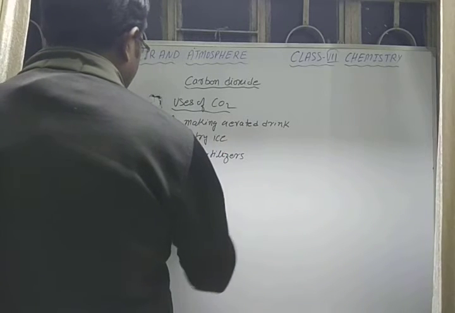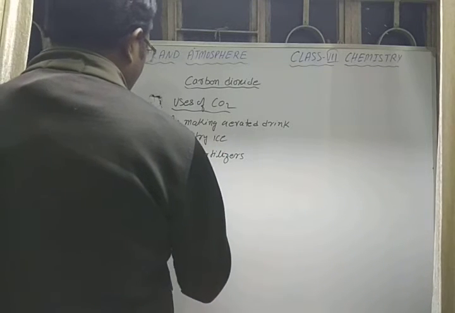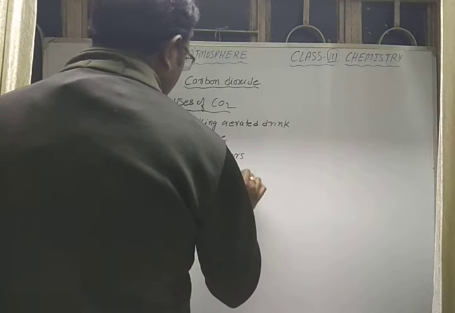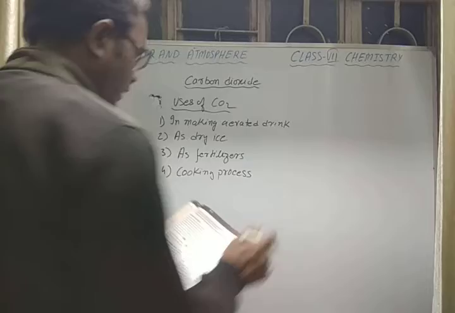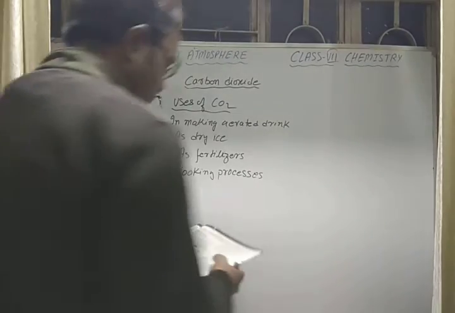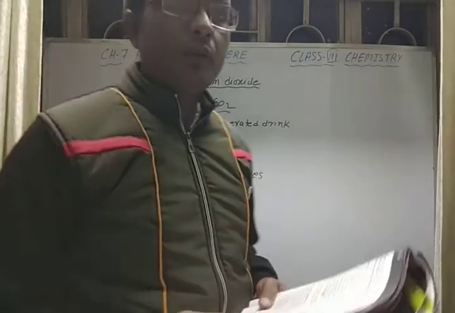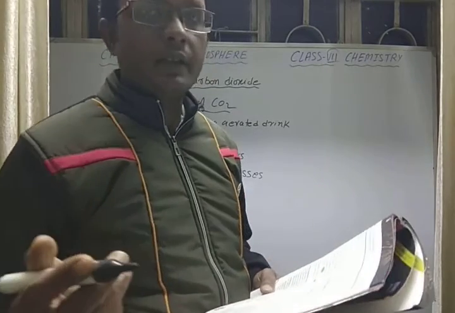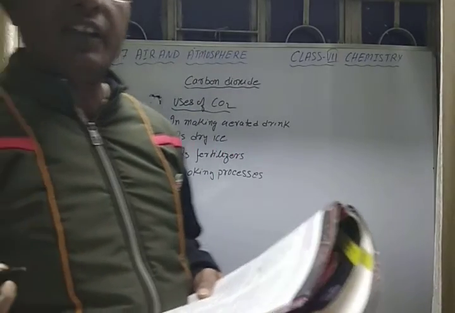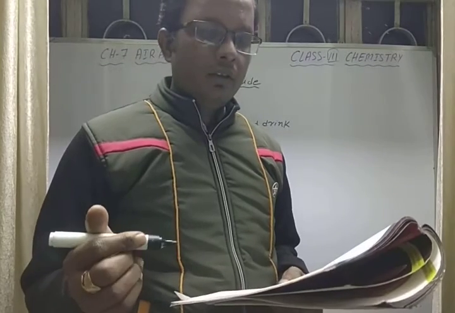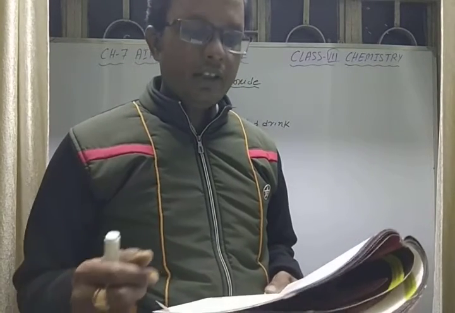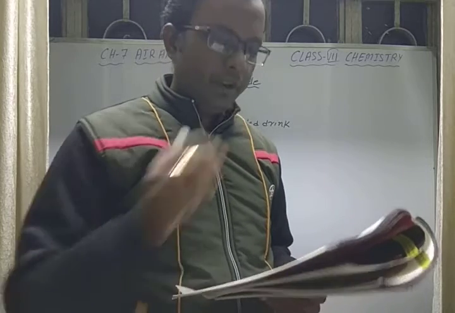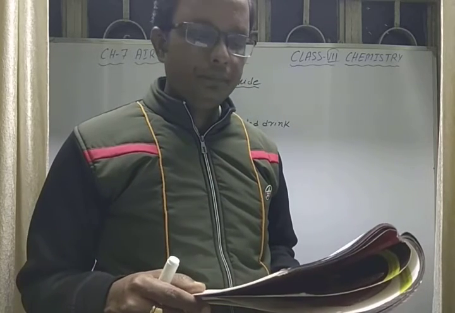Number 4 is the cooking process. Carbon dioxide is used in manufacturing baking soda. When you prepare baking things, baking soda, which we also call khabar soda, has the chemical name sodium bicarbonate.